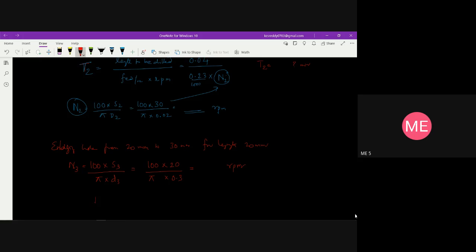Once you get the speed, the machining time can be calculated as length of boring divided by feed per revolution into speed in RPM. Here the length of boring we have taken as 20 mm. The feed per revolution for turning and boring is the same, that is 0.2 by 1000 meters per revolution.